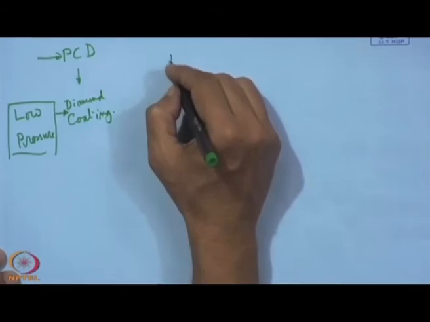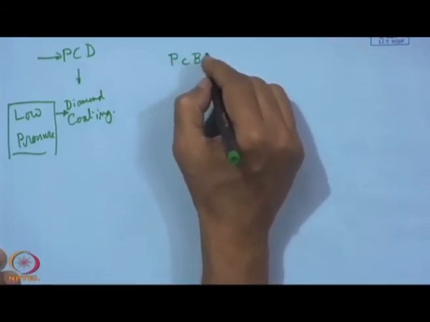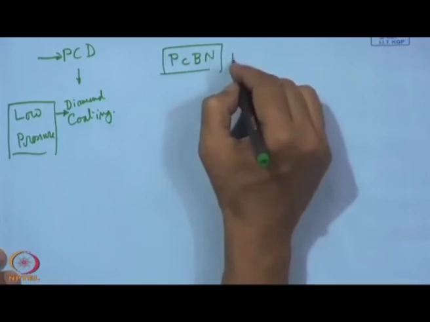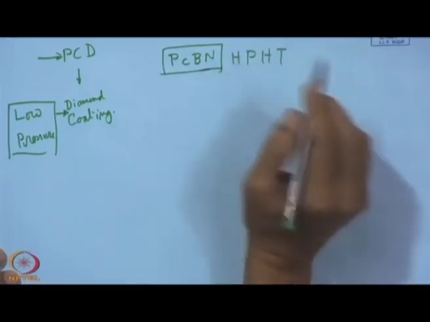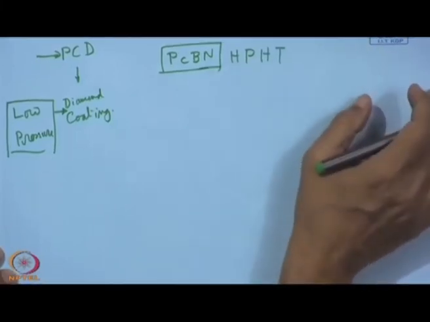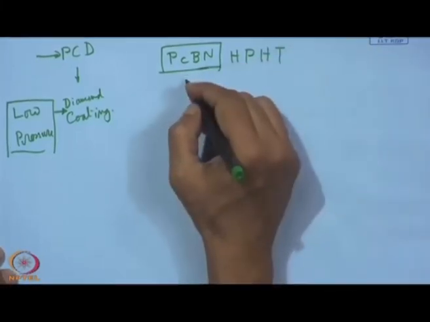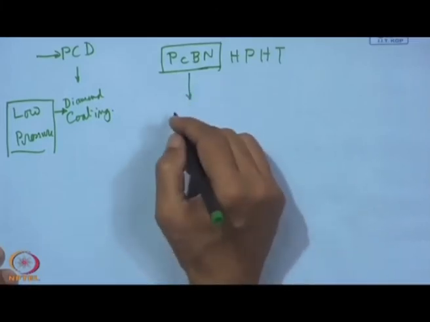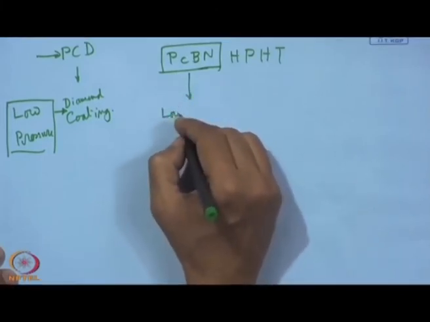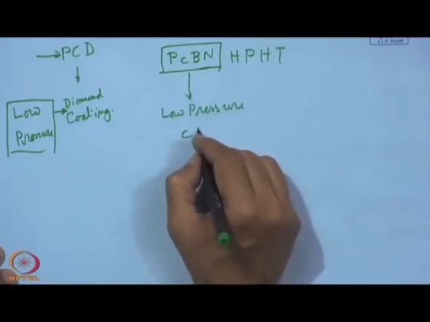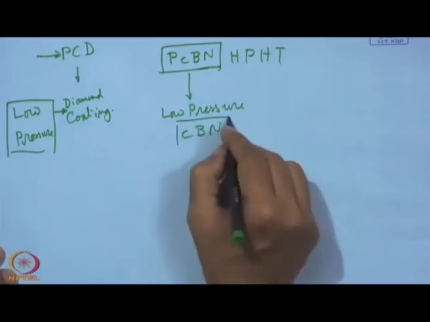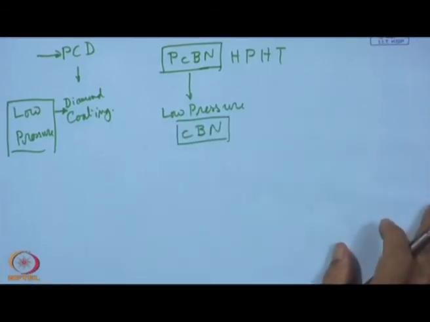Similarly, if we consider PCBN, that is a high pressure technology, HPHT, but it has limited use, very costly and very complicated. But from there we now also have low pressure synthesis of CBN.